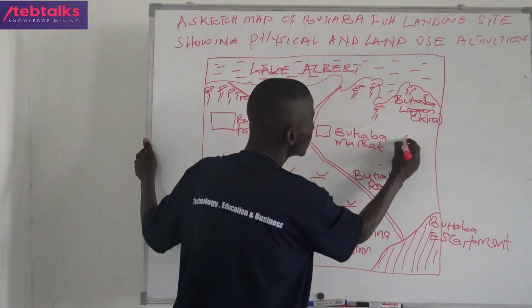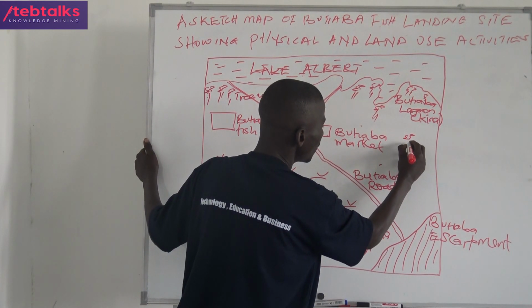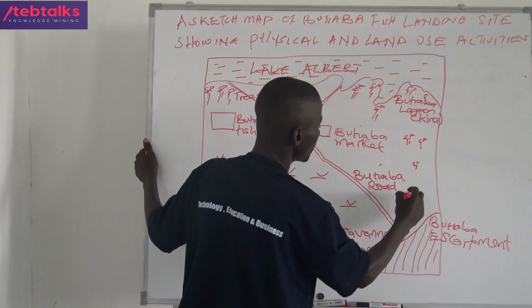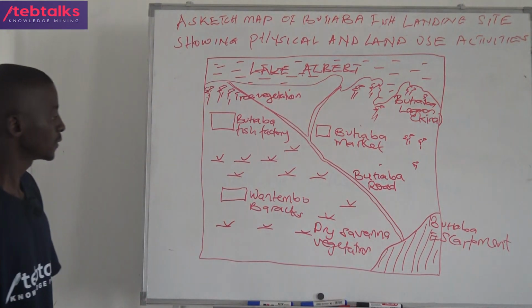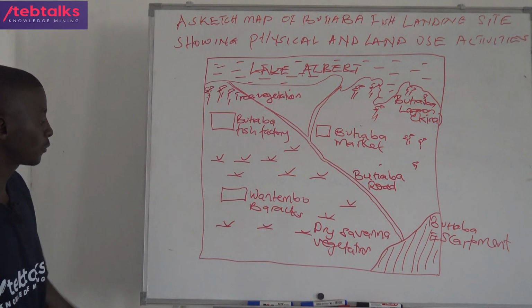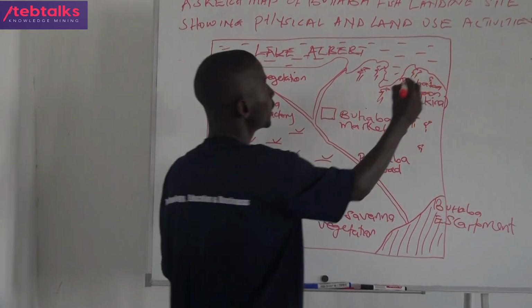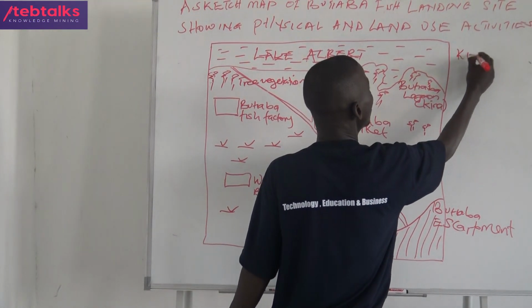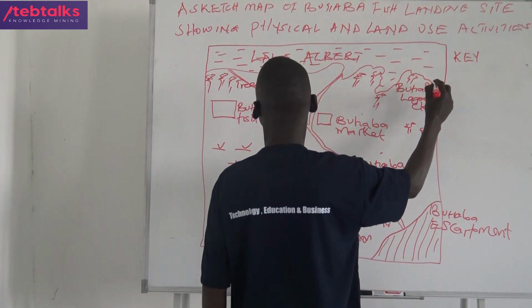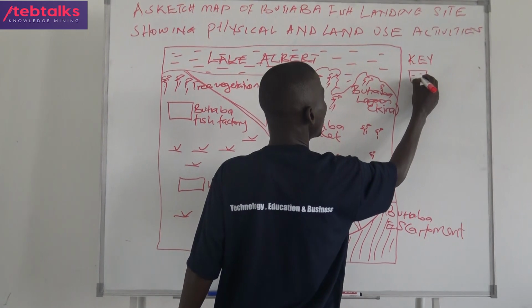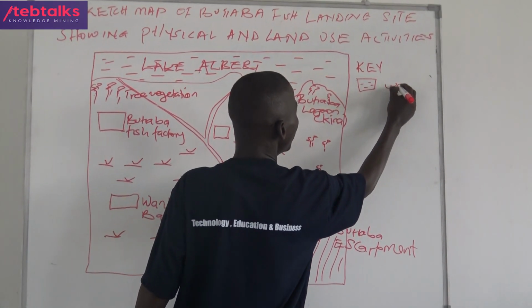Some shrubs are actually a part of the dry savanna vegetation. This is a water body.